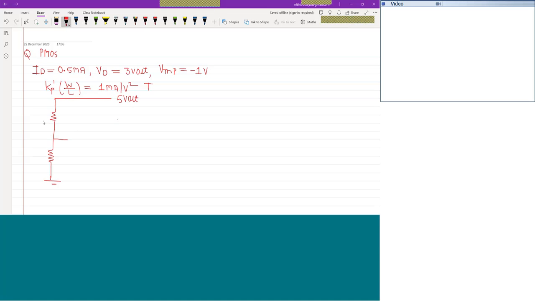The resistances are 2 mega ohm and 3 mega ohm.